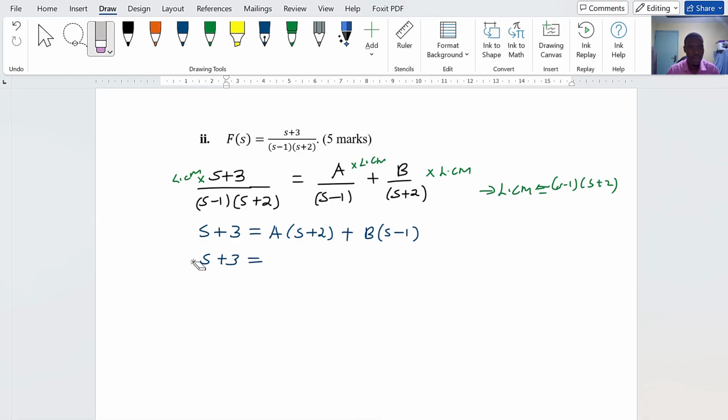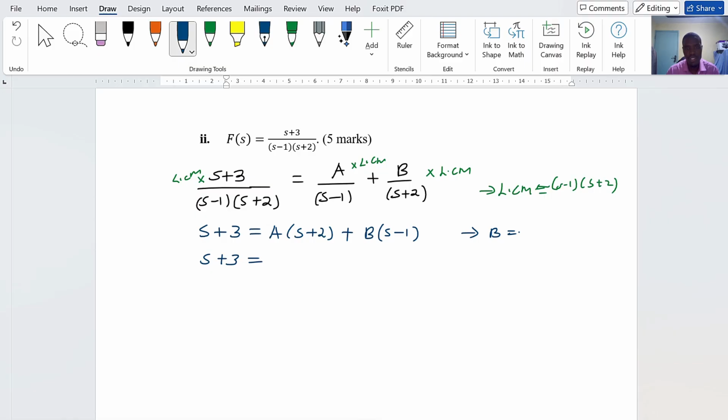We can use a simpler method. So we can solve for b first, or we can solve for a. If you want to solve for a, then you make b 0. So we want to solve for a, we make the b part 0.